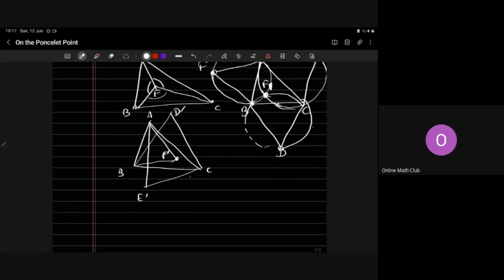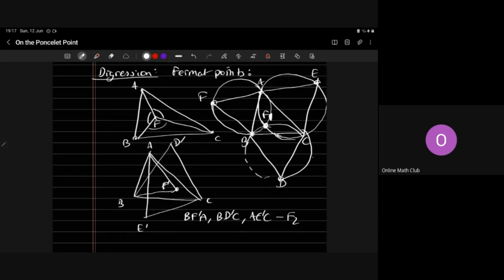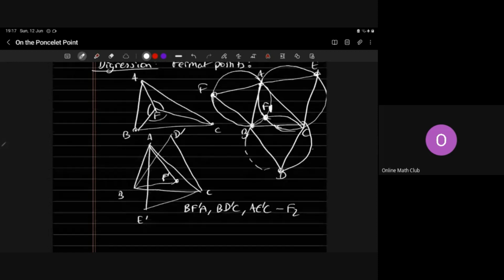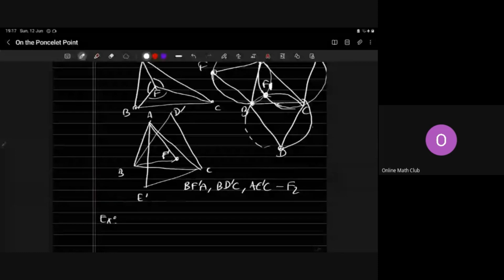So the common point of the circles A E prime F prime, B D prime F prime, and C D prime E prime, these three circles have a common point called the second Fermat point, F2. Exercise: F1 and F2 are isogonal conjugates.